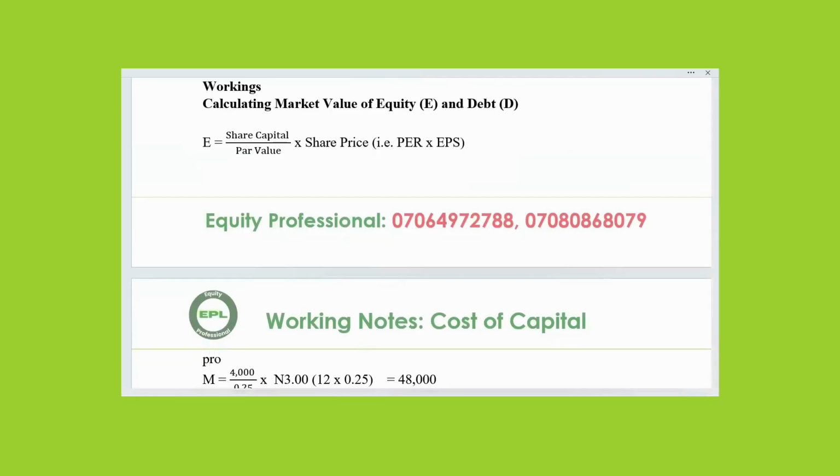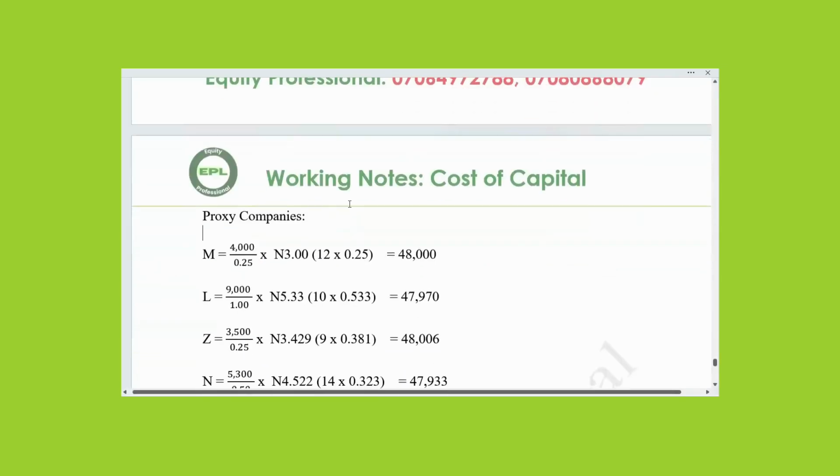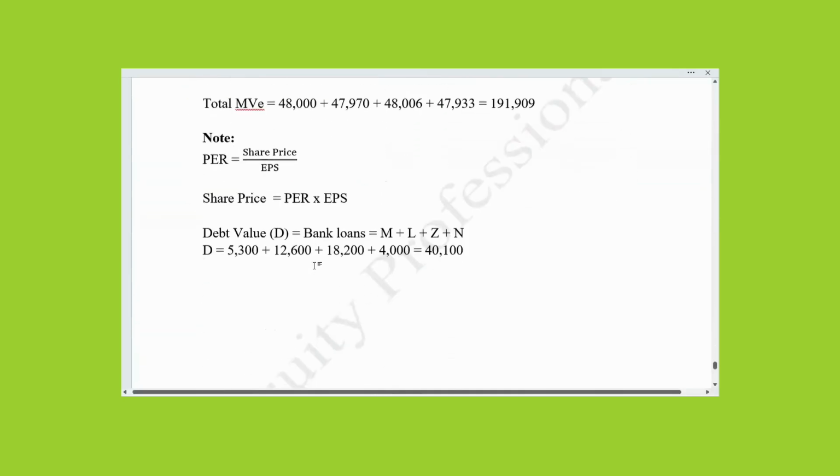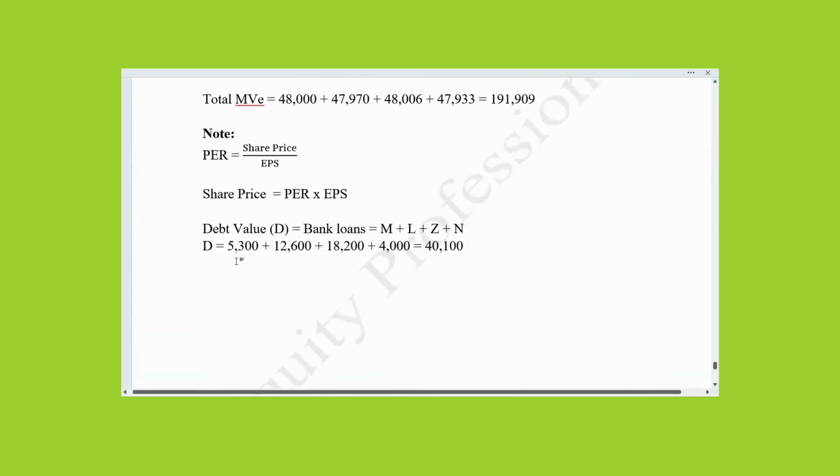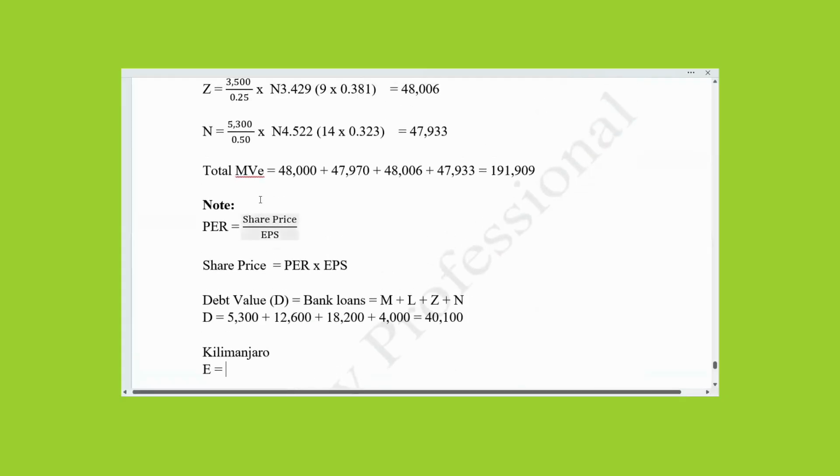Now we do it for the main company, which is Kilimanjaro. So the equity value of Kilimanjaro will be computed the same way we have done before.